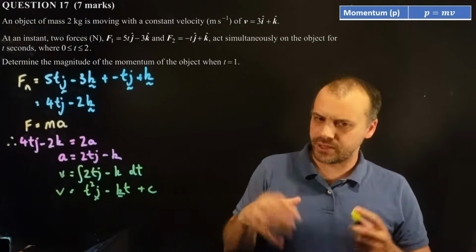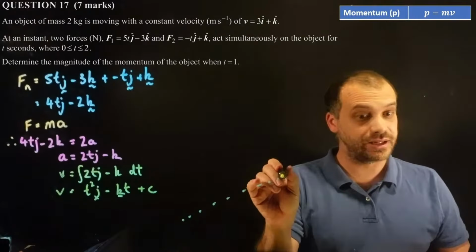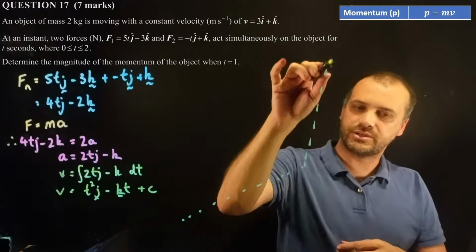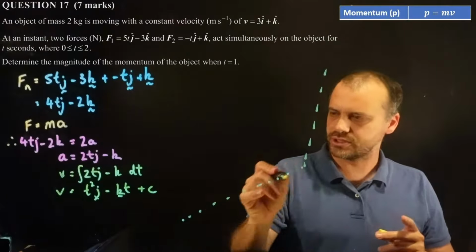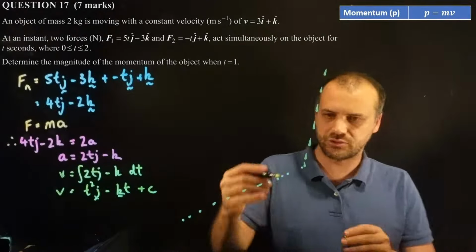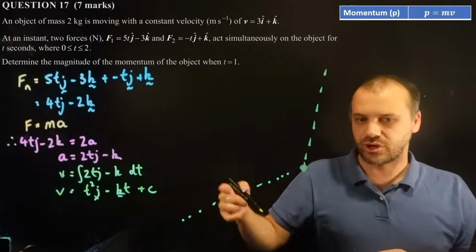All right, now what do I have? Okay, I had an object that was moving with some initial velocity, and then it got acted on by two objects, and now it's got a new velocity. I can use that initial velocity to find c, because we can treat the moment that this happens as time 0.